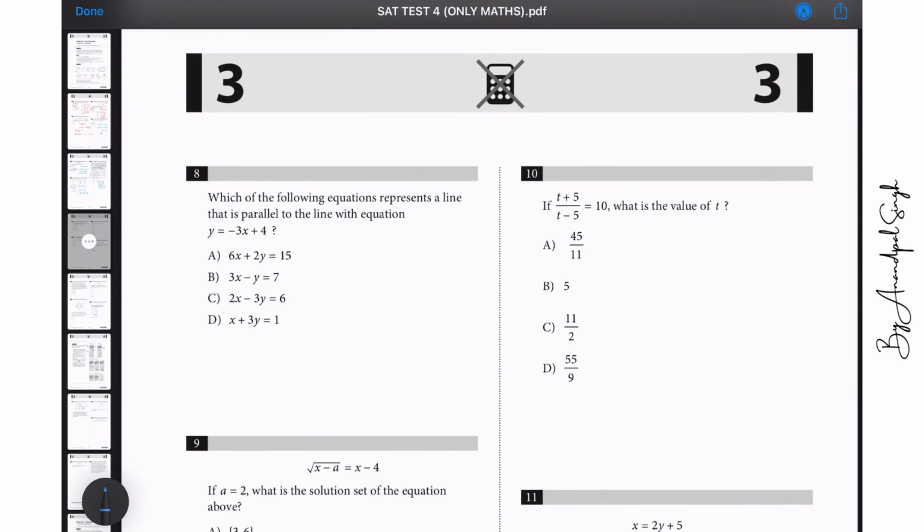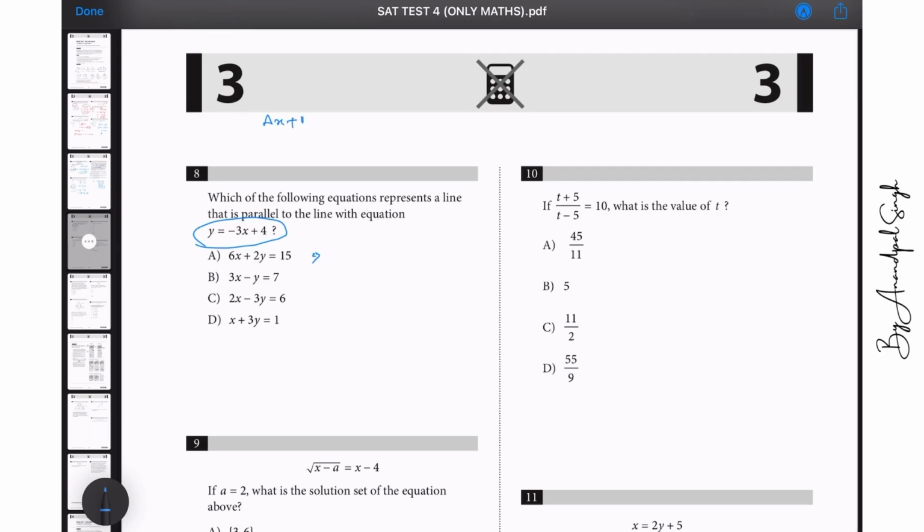Question number 8. Which of the following equations represents a line that is parallel to the line with equation y equals minus 3x plus 4? Parallel lines should have the same slope. So first of all, I find the slope of this line. Let me give you the formula.